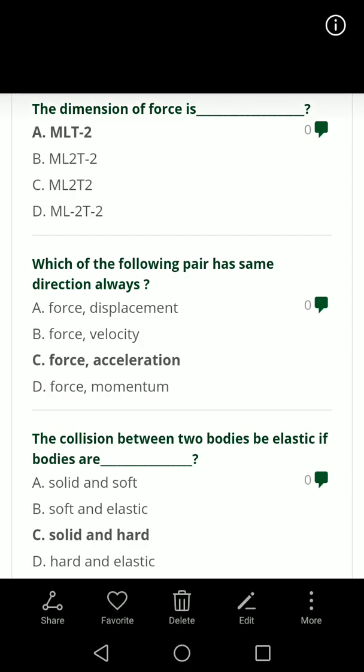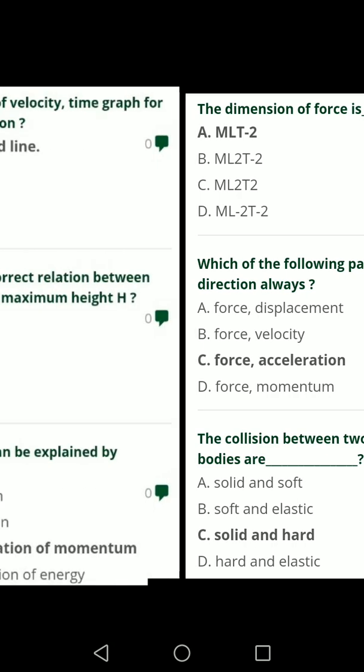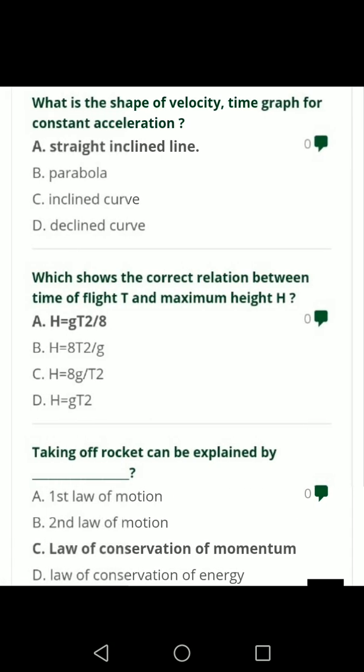The collision between two bodies is elastic if bodies are solid and hard. What is the shape of velocity time graph for constant acceleration? A straight inclined line.